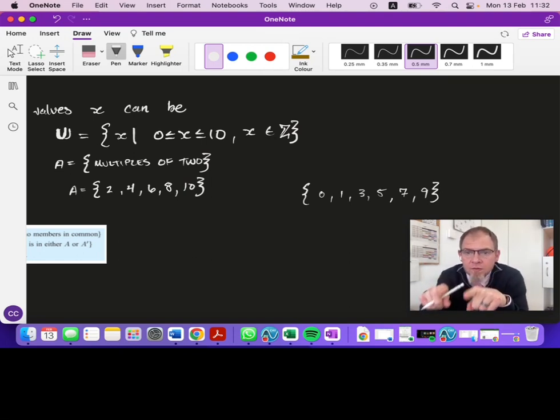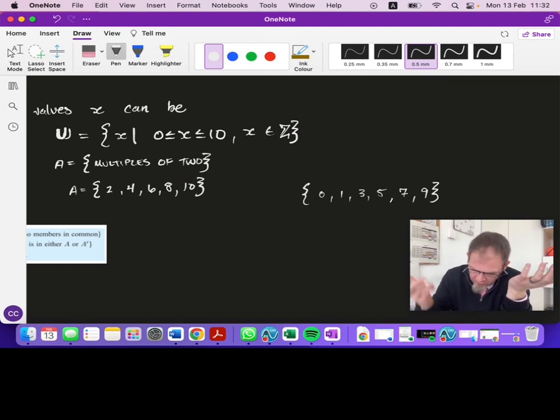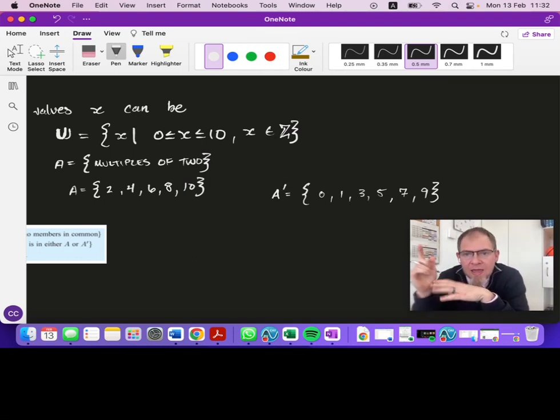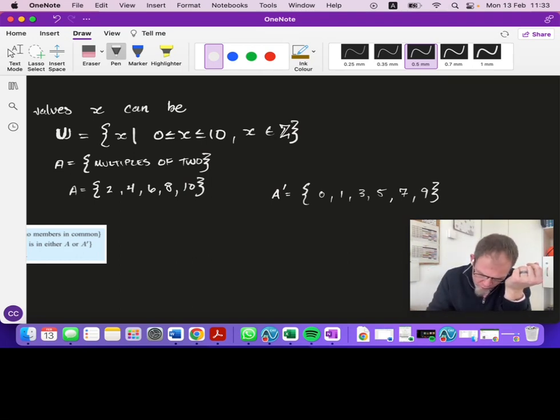These are the values that are not in A, but they're in our universal set. The way we represent that is A dashed or A prime.